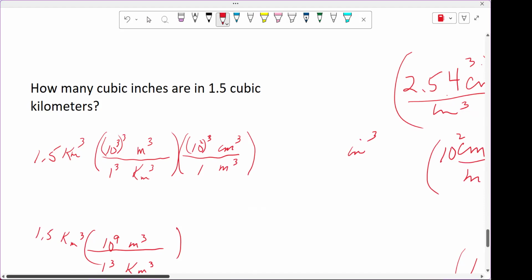So that's 3 times 2, that's 10 to the 6, like before. Okay, now we're in cubic centimeters. Now let's go to cubic inches.